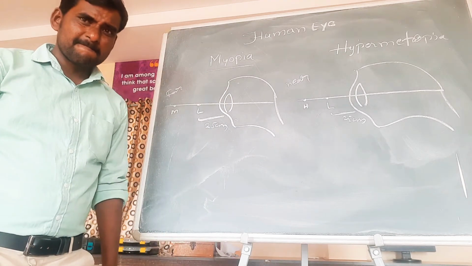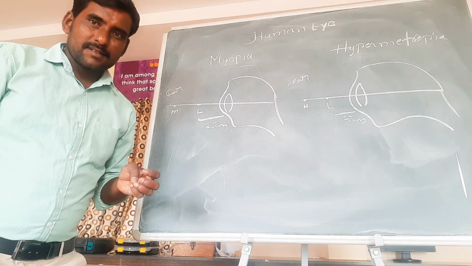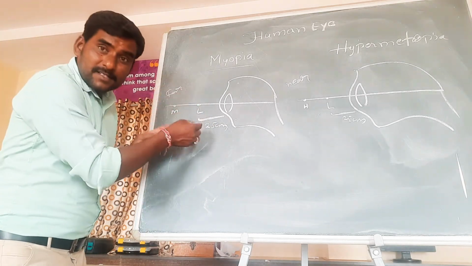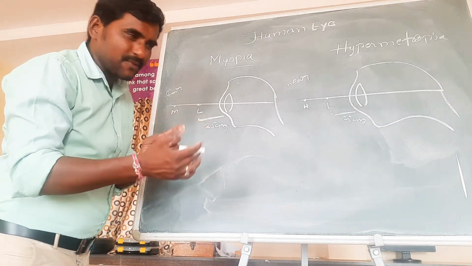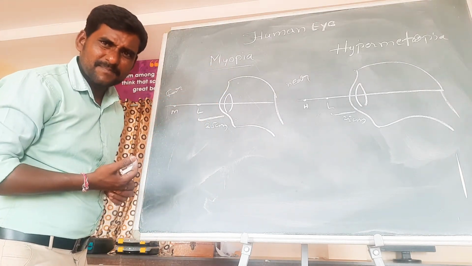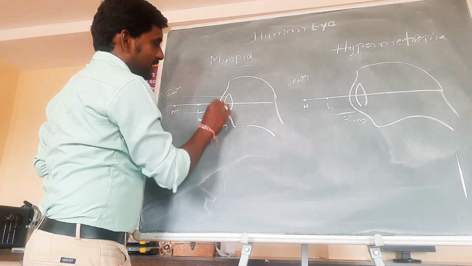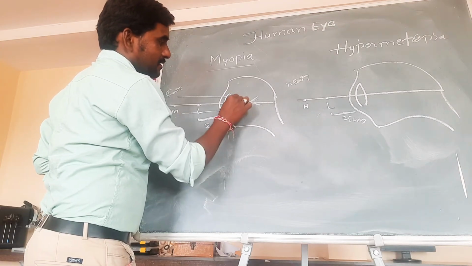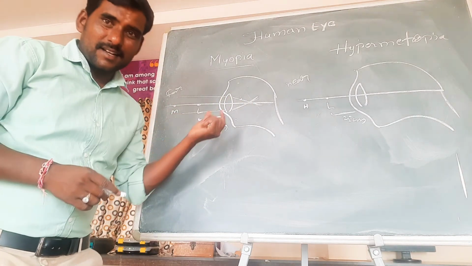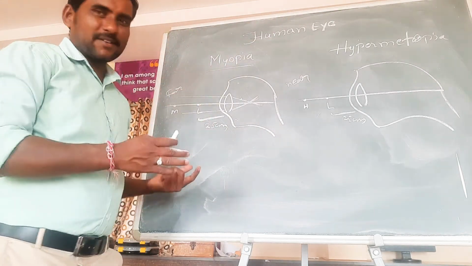For example, when this myopia person sees far objects, the image forms in front of the retina. When the object is at infinity, like this, the image forms here only, because the maximum focal length is not 2.5.